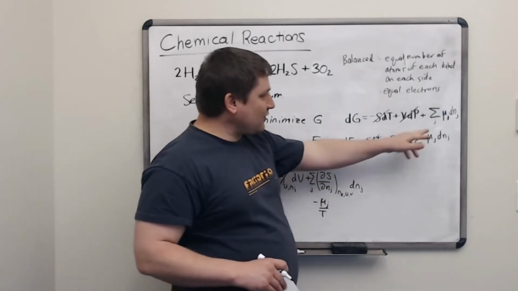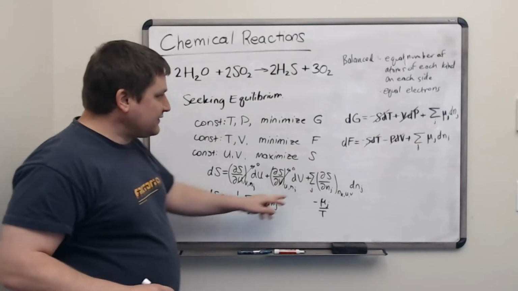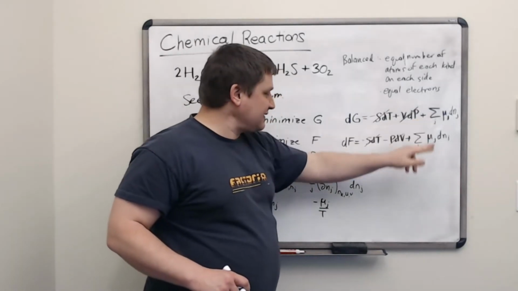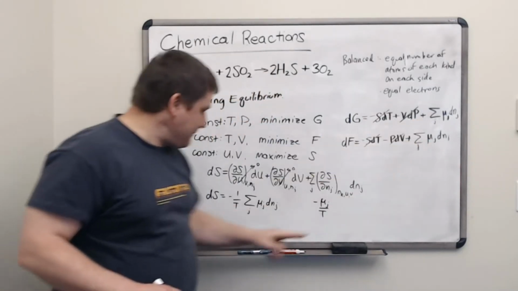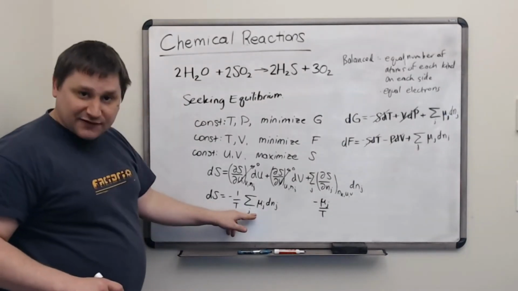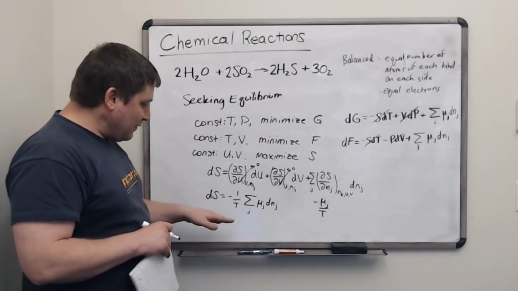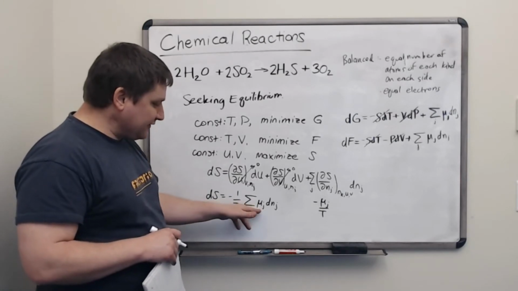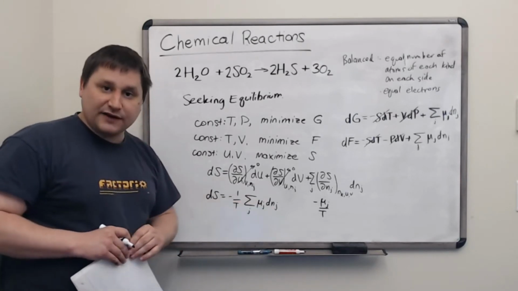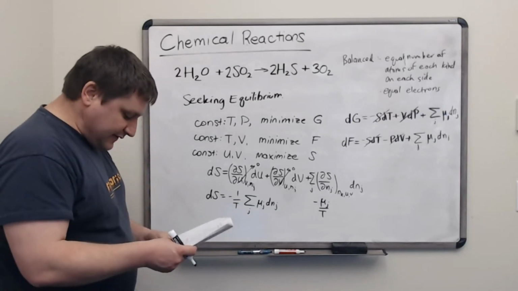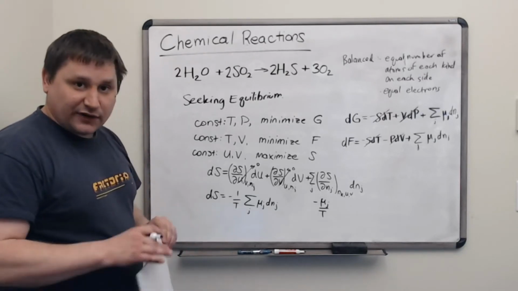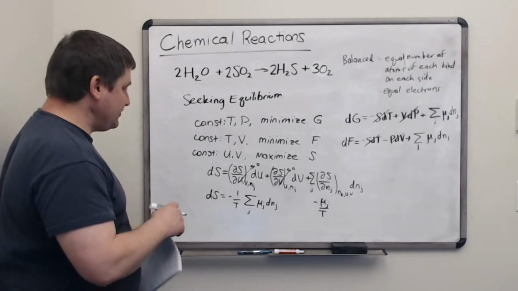Notice here that the same term appears in each part. So minimizing G is dependent on this, minimizing F is dependent on this, and maximizing S is dependent on the opposite of this. So this quantity here, the sum over all species of its chemical potential times how the mole number is changing, is a crucial quantity for determining if a chemical reaction is going to happen or not.